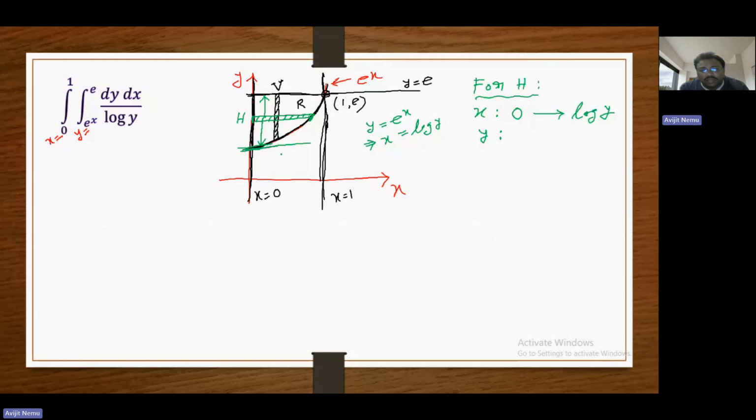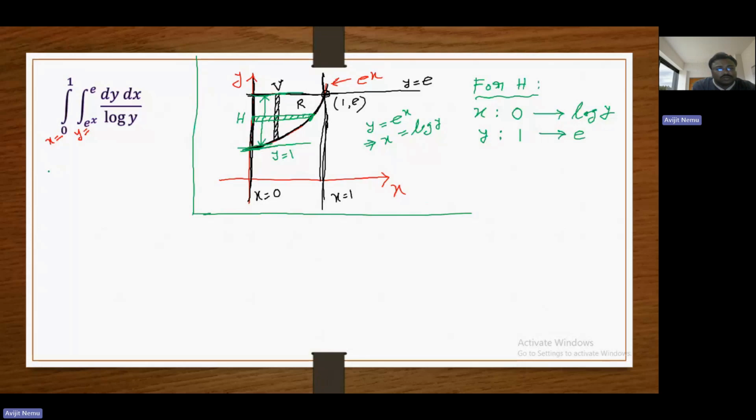If we move in the upward direction, we can reach up to the line y equal to e. So for this horizontal strip, y ranges from 1 to e. Now we have to find the value of the integration.